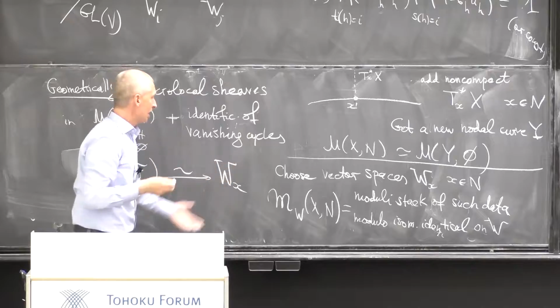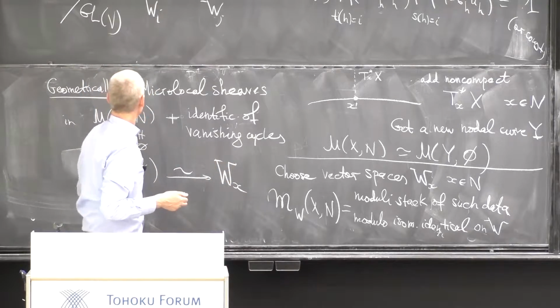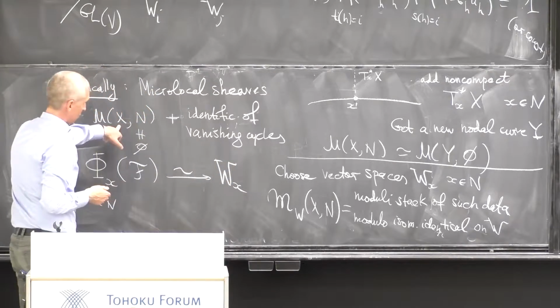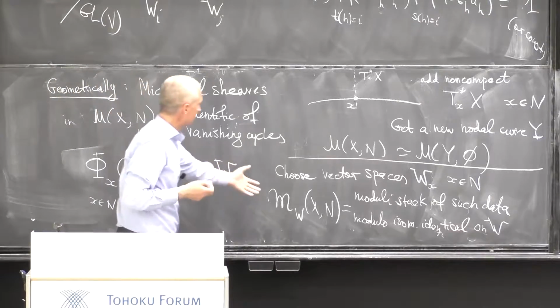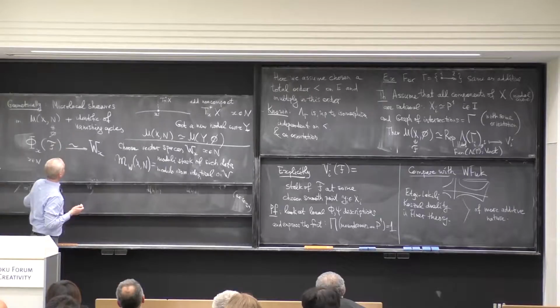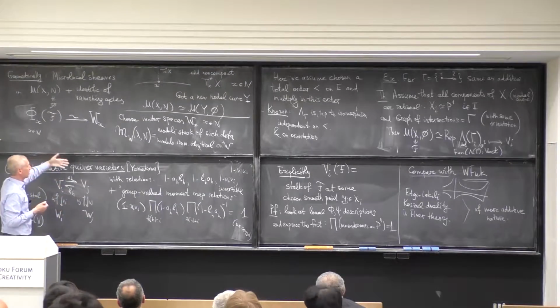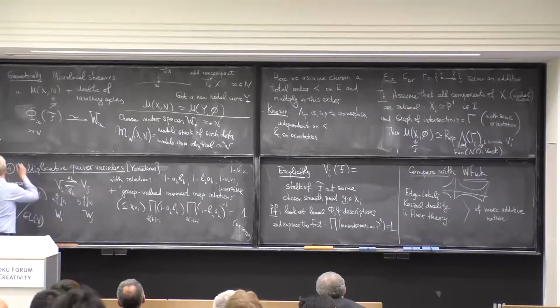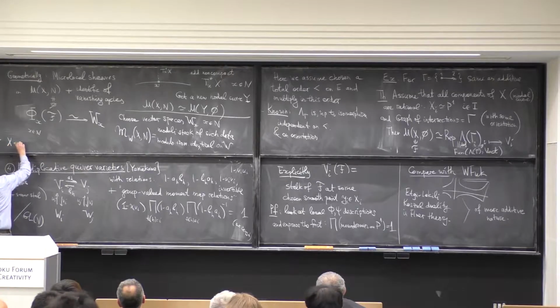So this makes sense, actually, even when the curve itself is smooth. So in this way, we get some interesting generalizations of linear varieties, which don't even require the concept of microlocal sheaf. So X smooth compact is okay.